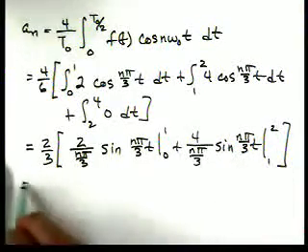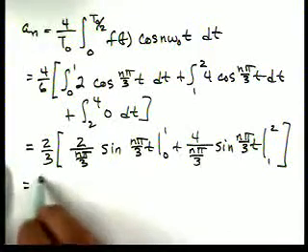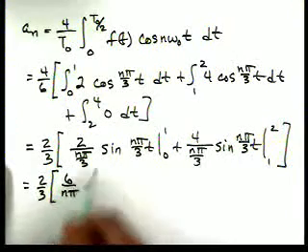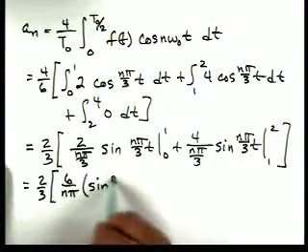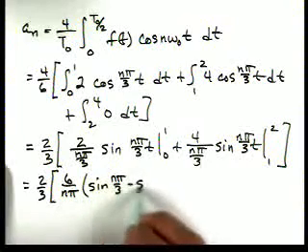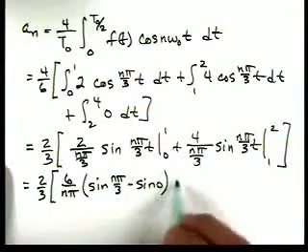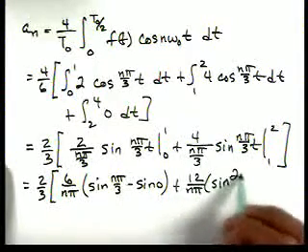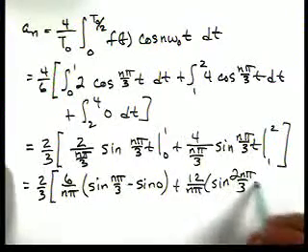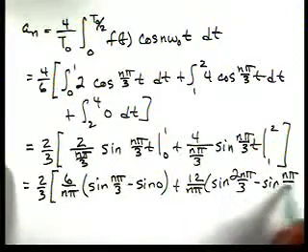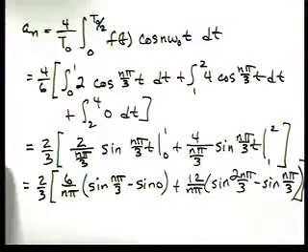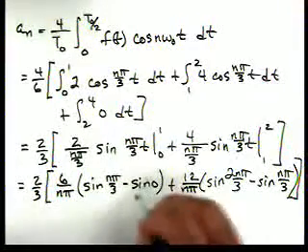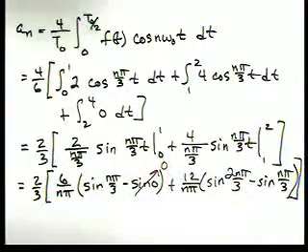Continuing on, we get 2/3 times 6 over n pi times sine n pi over 3 minus the sine of 0, plus 12 over n pi times the sine of 2 n pi over 3 minus the sine of n pi over 3. And obviously sine of 0 is 0.